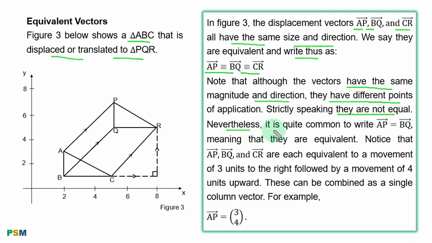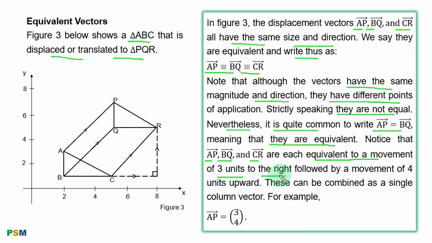Nevertheless, it is quite common to write vector AP equal to BQ, meaning that they are equivalent. Notice that vectors AP, BQ, and CR are each equivalent to a movement of 3 units to the right.